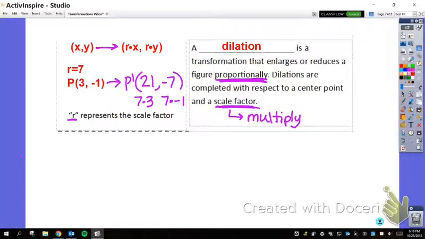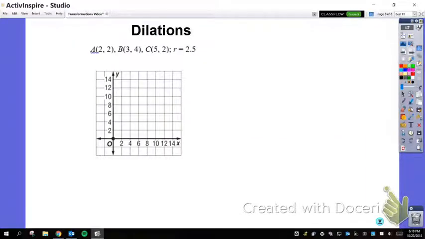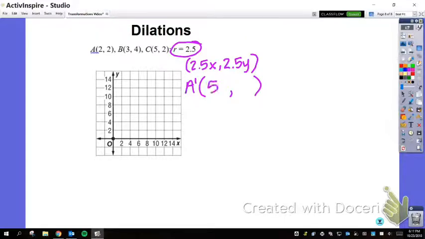Okay, so let's look at one more example of a dilation on the next page. Here we have the scale factor is 2.5, so your scale factor can be a decimal, but we're doing the same thing. We would have 2.5 times x and 2.5 times y. So you would just take each number and multiply it times 2.5 to get your new numbers. So 2 times 2.5 is 5.